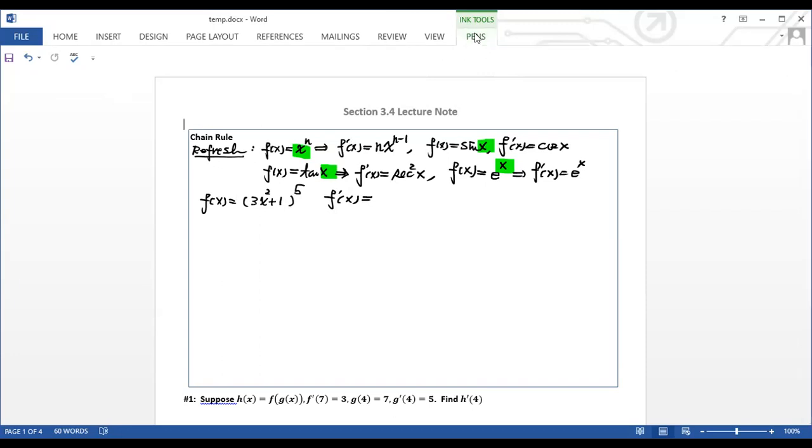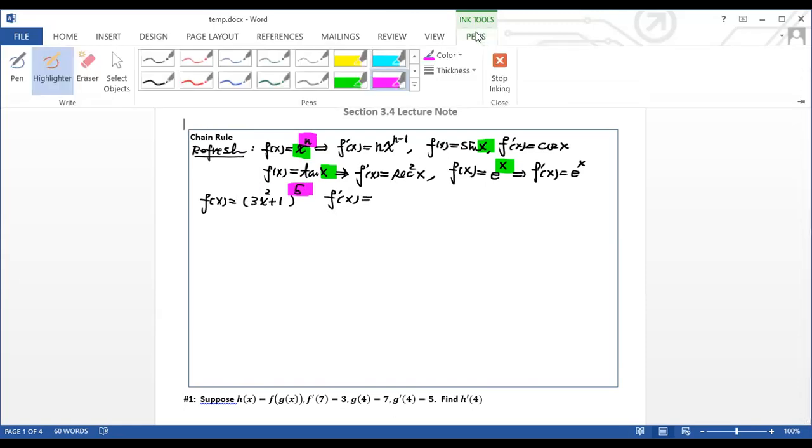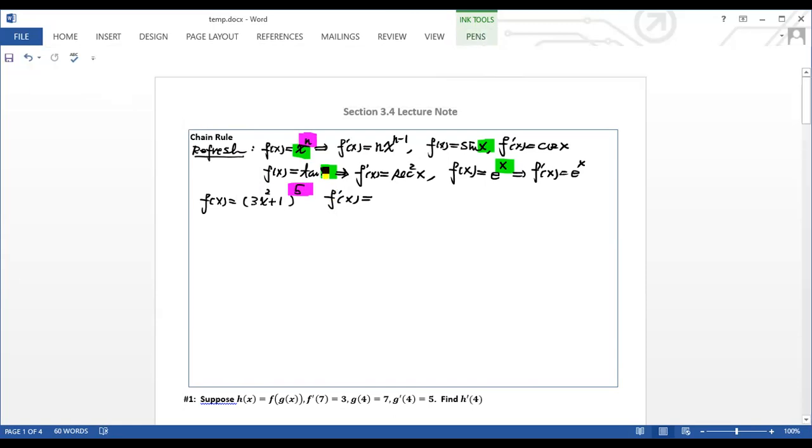As you can see, the first thing you think is, oh, this is kind of like a power rule, because I have this exponent 5. But the problem is that the formula we have, f prime x equal to n times x to the n minus 1, has to be with x.